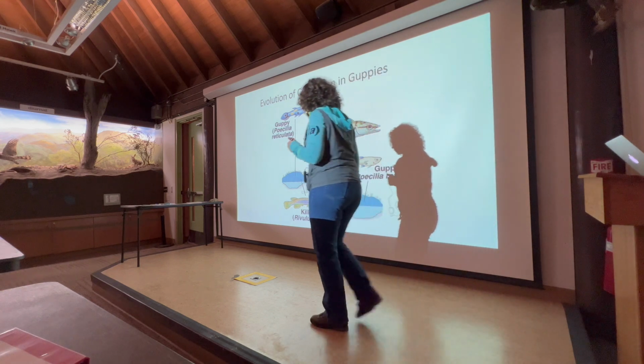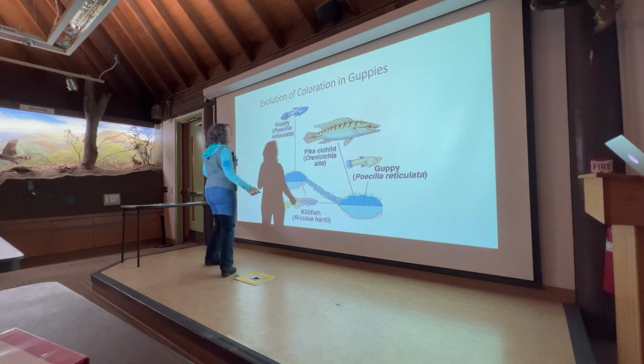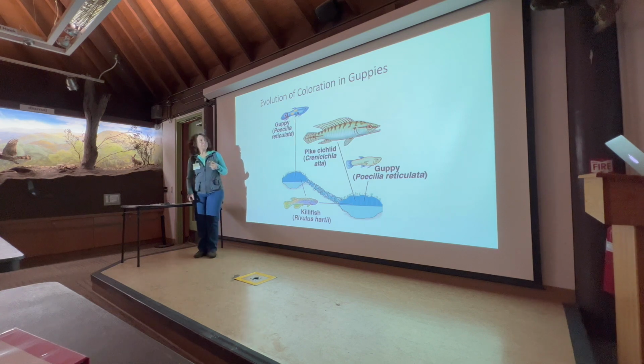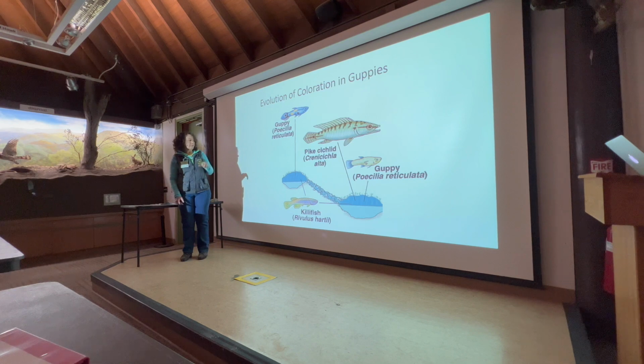The bigger the predator's eye, like this one has a big eye, the more easily they see their prey, or the more clued in to visual signals they are. There are also guppies with different numbers of spots. So there are more plain guppies like this one, and fancier guppies like this one.